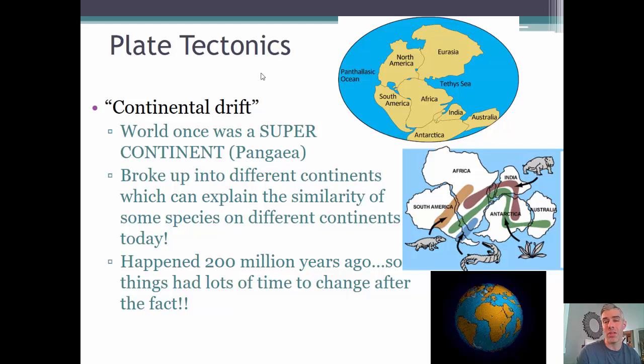How do we know that? Well, the first thing is South America looks like it jams right into Africa's armpit. It almost fits perfectly if you look at the coastlines of the two. On top of that, there's fossil evidence: South America has the exact same fossils as Africa, even though it's thousands and thousands of kilometers away, exactly in the area where it fits into the armpit of Africa, which is so fascinating to me.